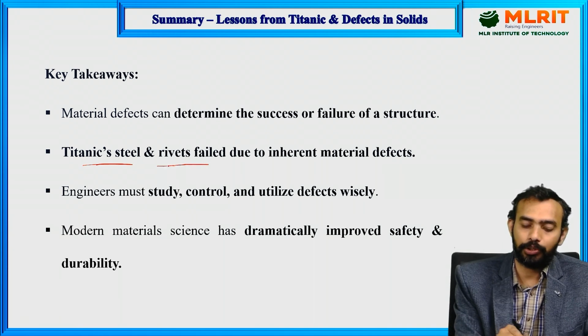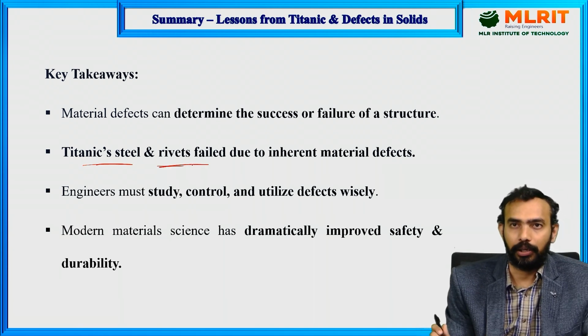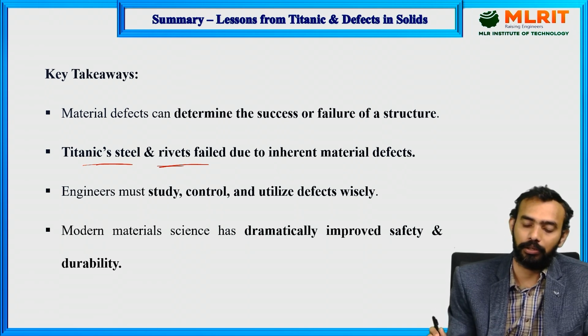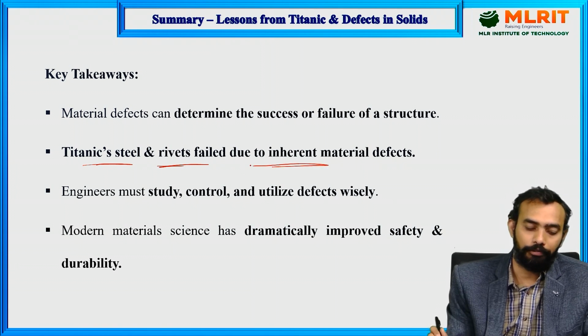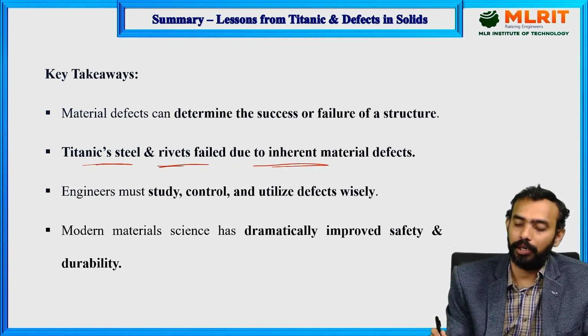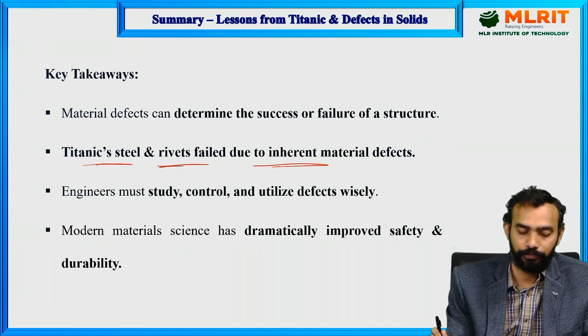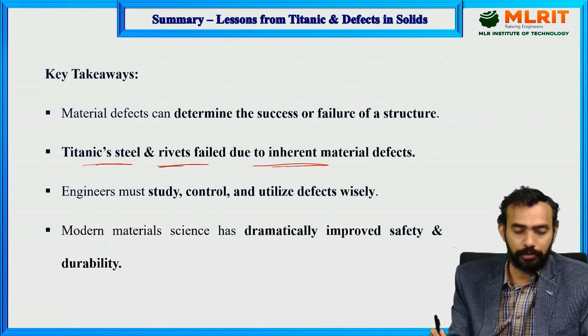And the iron rivets failed because of impurities, the high amount of slag content, which also reduced the strength of the riveted joint and caused the failure of the Titanic ship. These are the inherent material defects noted on the Titanic ship, which we discussed in today's lecture.